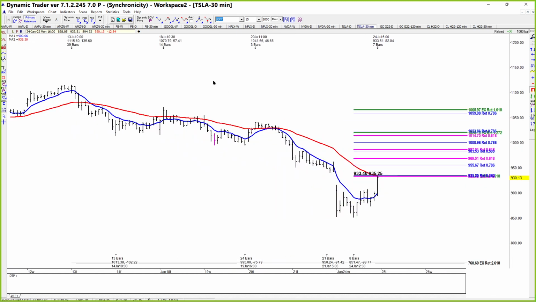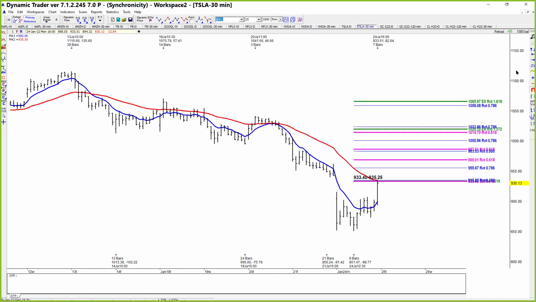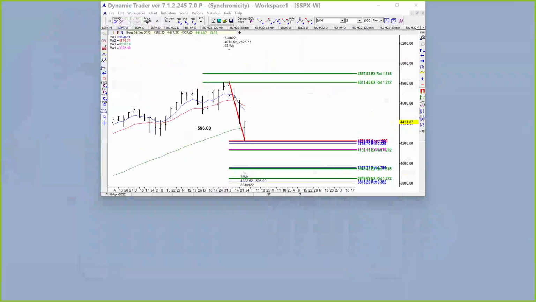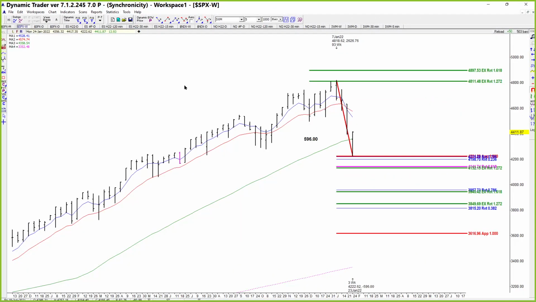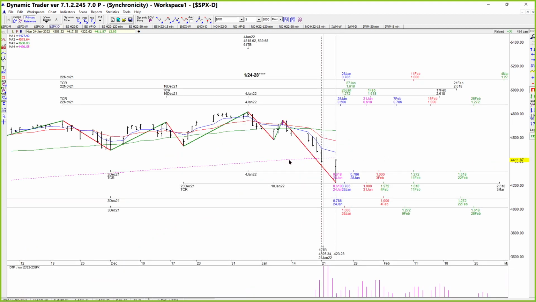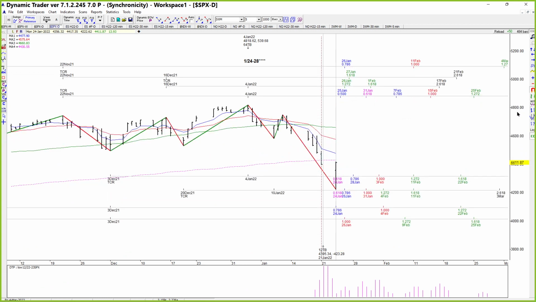As far as timing is concerned, that's a whole other thing. But here, I'll show you what I've done on the indexes, because there are two different ways I do timing. One of them is using calendar day projections.